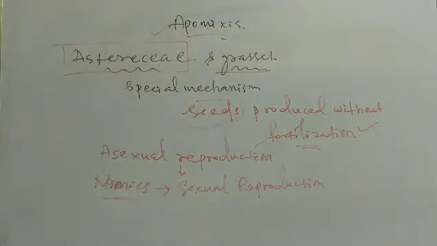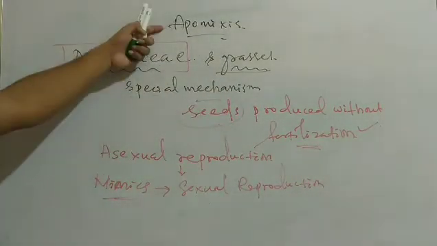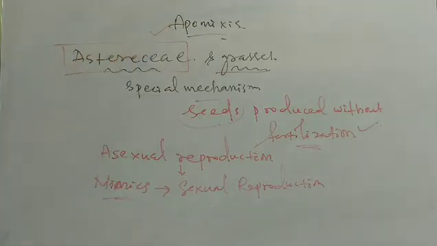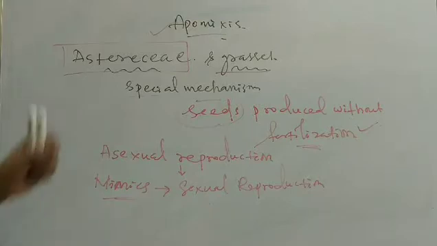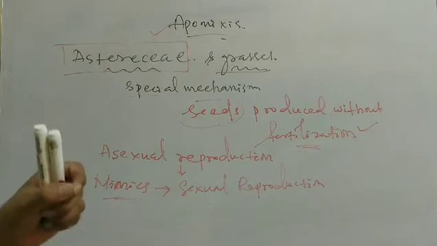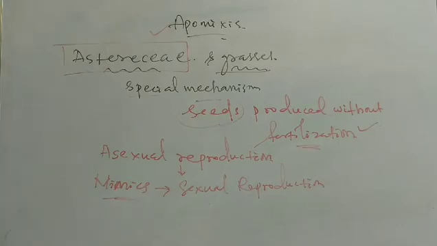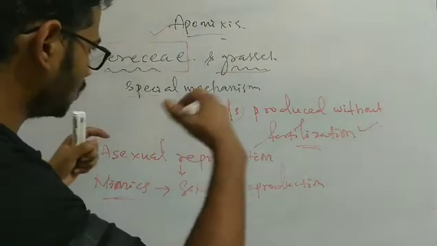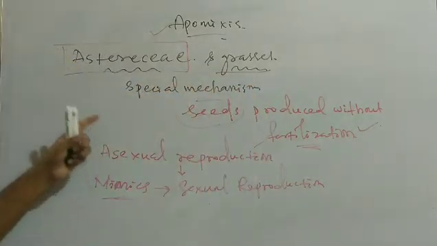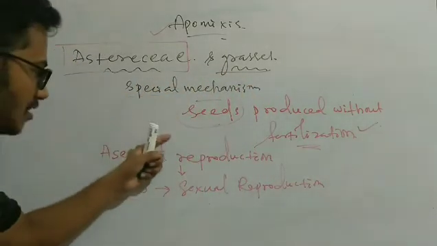In some species, a diploid egg cell is formed without reduction division and develops into an embryo without fertilization. So fertilization will not occur here.